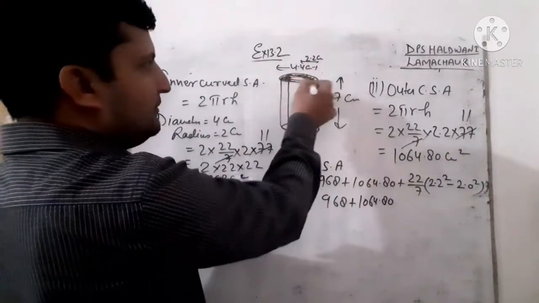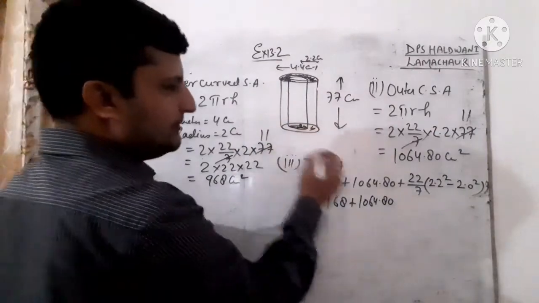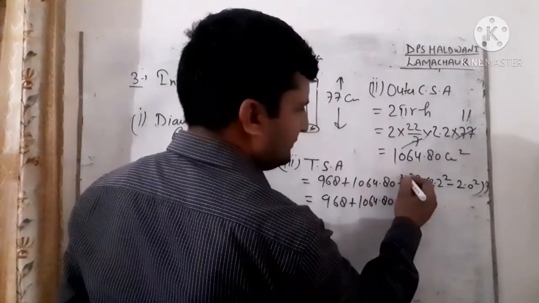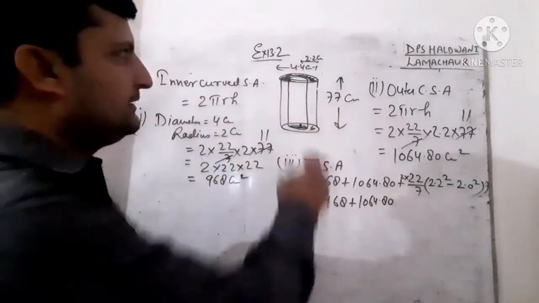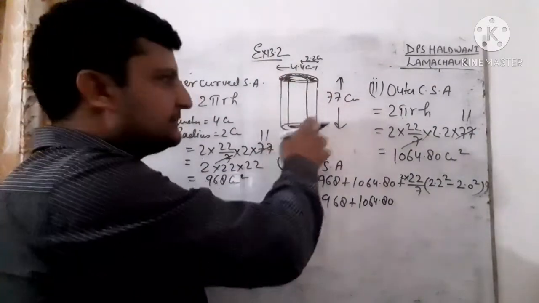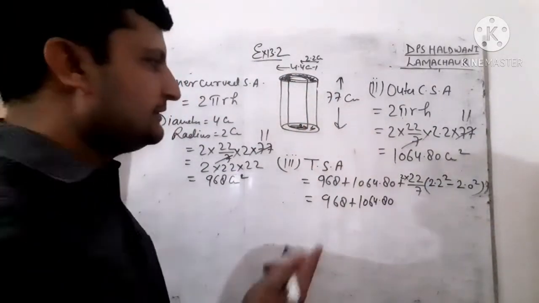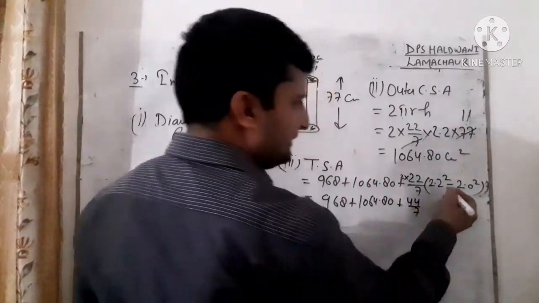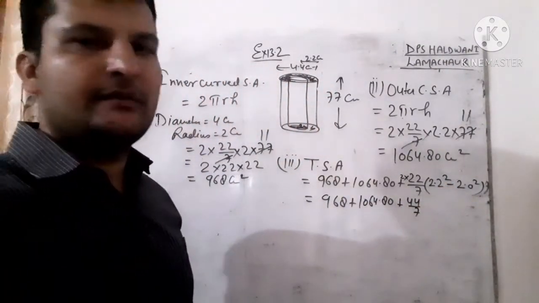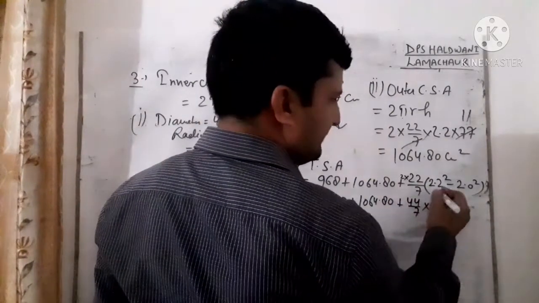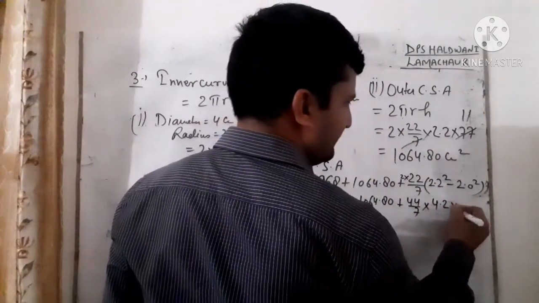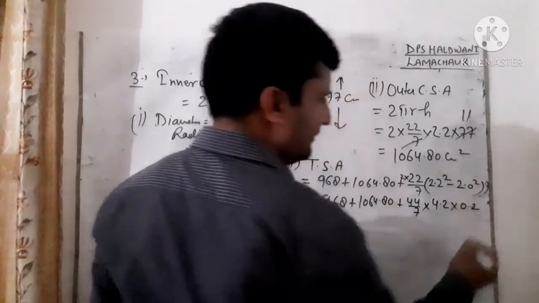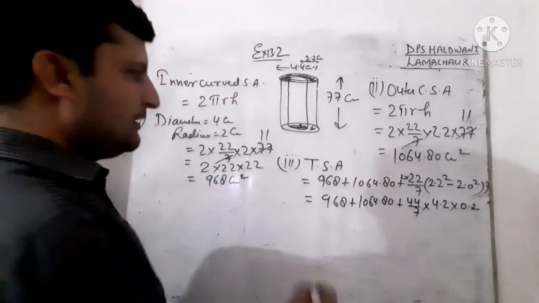But this part is on both sides students, so we have to multiply it by 2 also. 2 we have to multiply because this is the area of this side also and this side also, na? Means 2 sides are there, so we can do it like this, 44 upon 7. In this we can use the identity also, a plus b, a minus b. First of all, we have to add 4.2 and this will come 0.2. So students, now we have to add it.